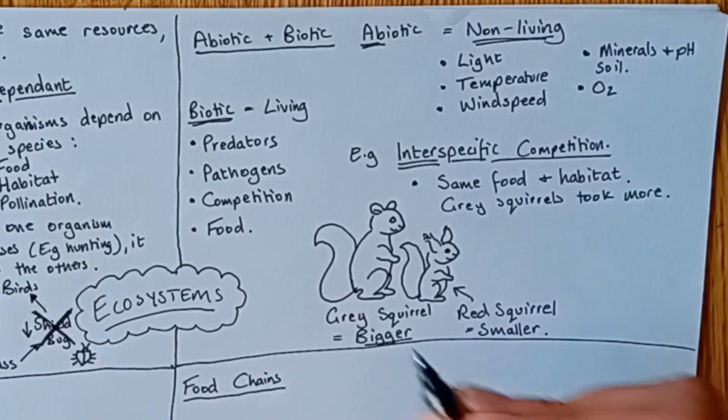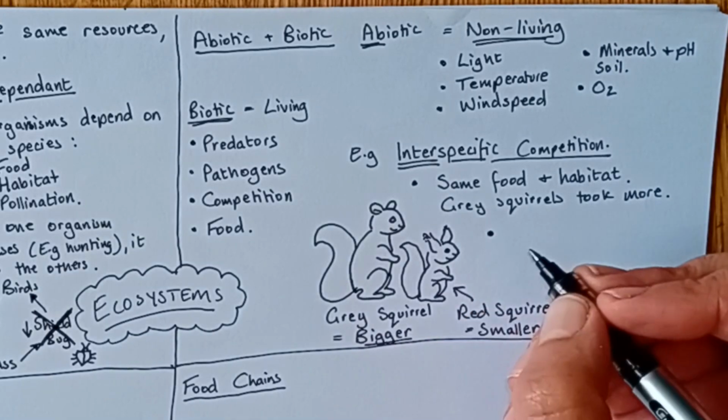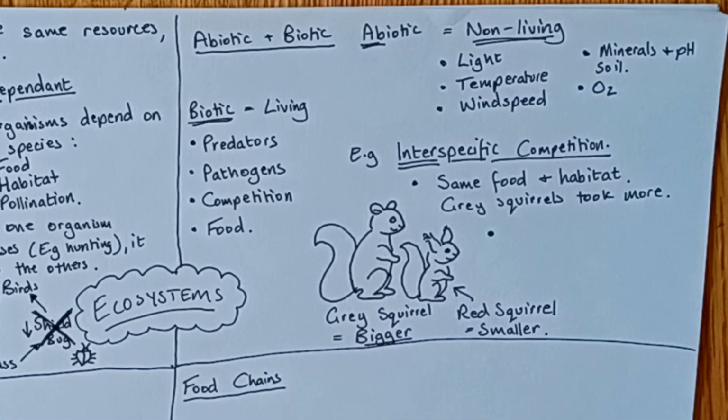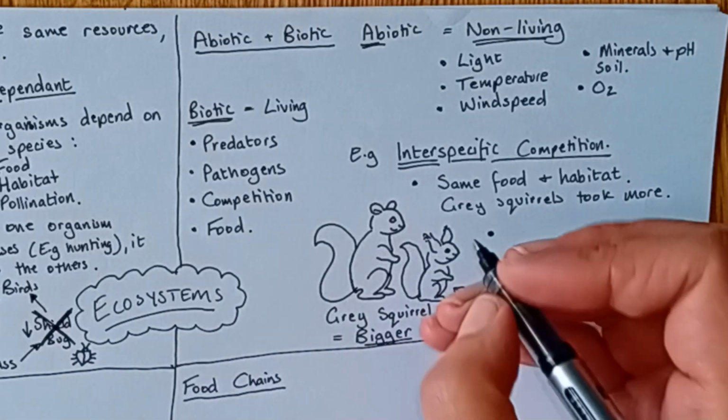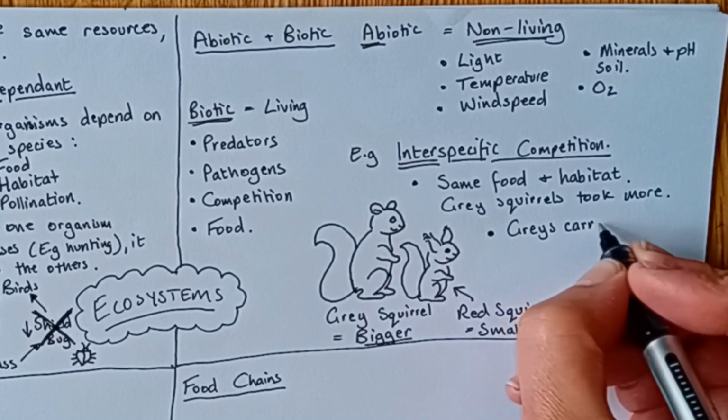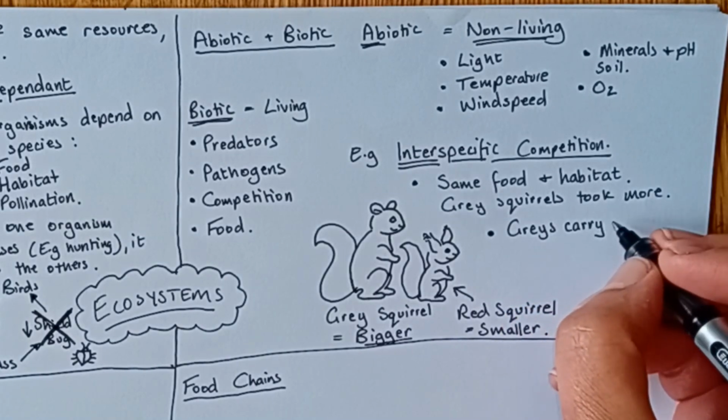On top of that, the grey squirrels carried a pathogen called squirrel pox, which is another biotic factor, pathogens. So greys carry a disease, but they don't get it.